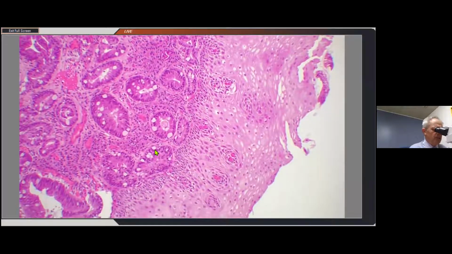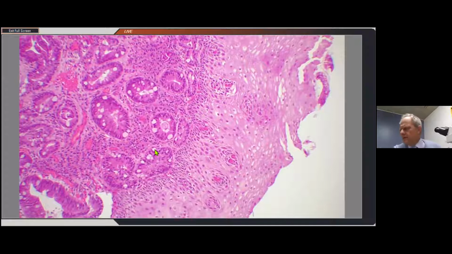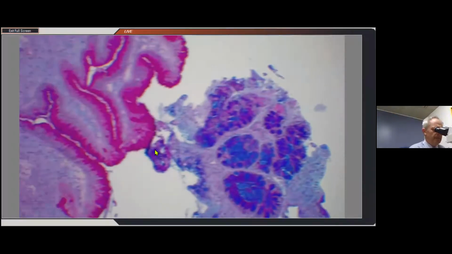Now, what I would like to do before I go any further is show you what happens when you get goblet cell change. So this is a combined Alcian blue and PAS stain.